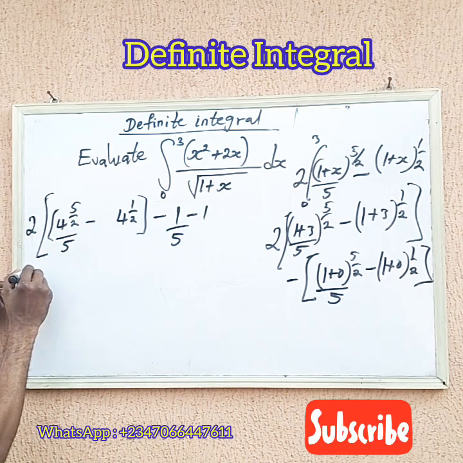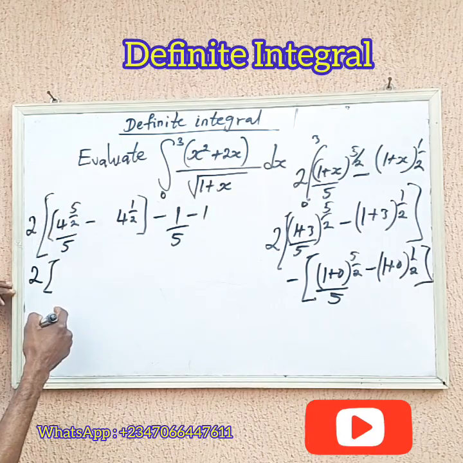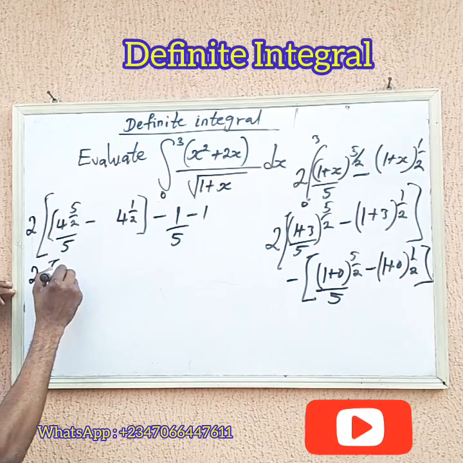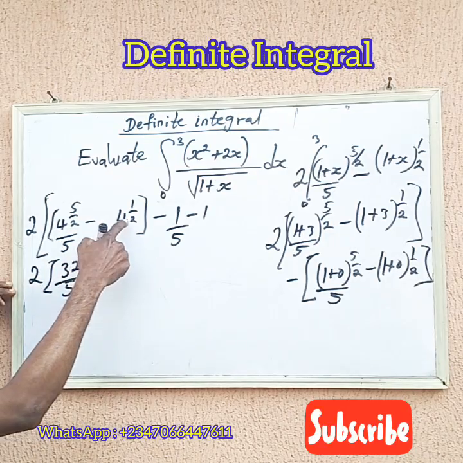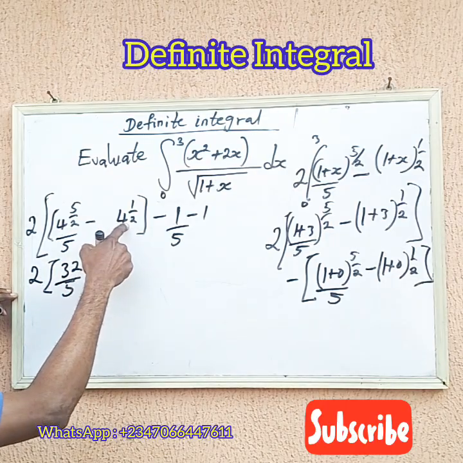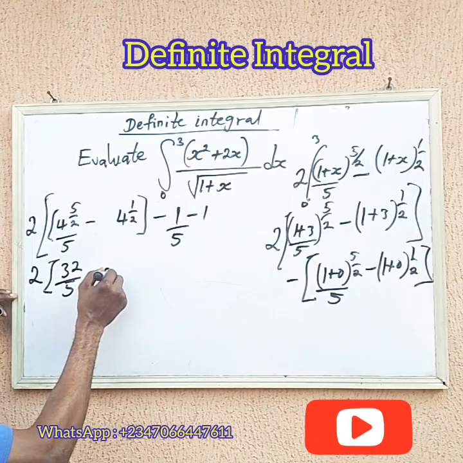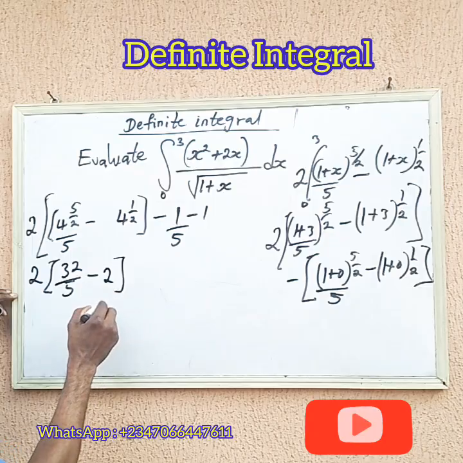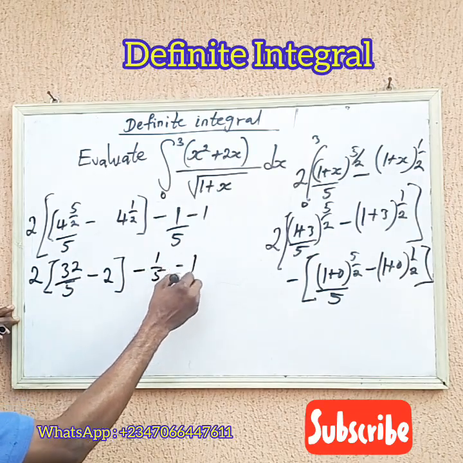The square root of 4 is 2. 2 raised to power 5 is 32. This will give us 32 over 5. Then minus the square root of 4 raised to power half, which is 2. Good. Then 1 over 5 minus 1.